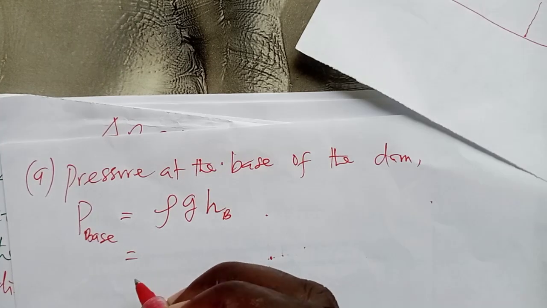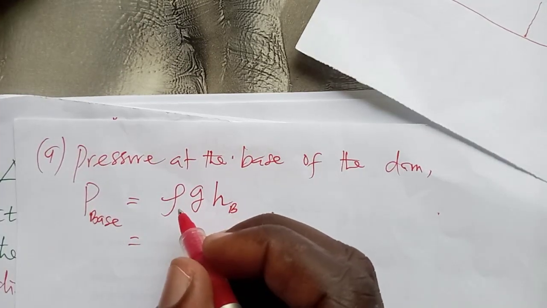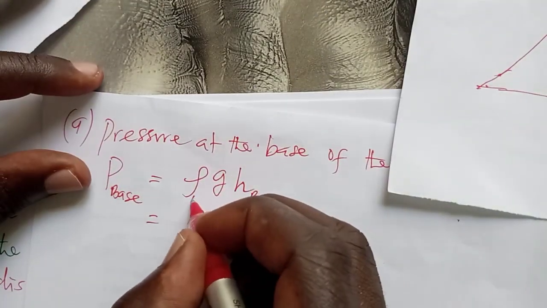This rho is the density of the water, and you are given the density of the water. I'm going to write that.